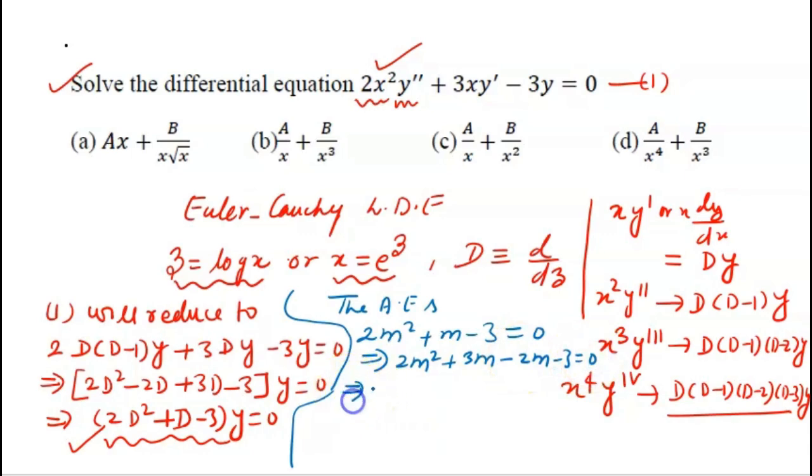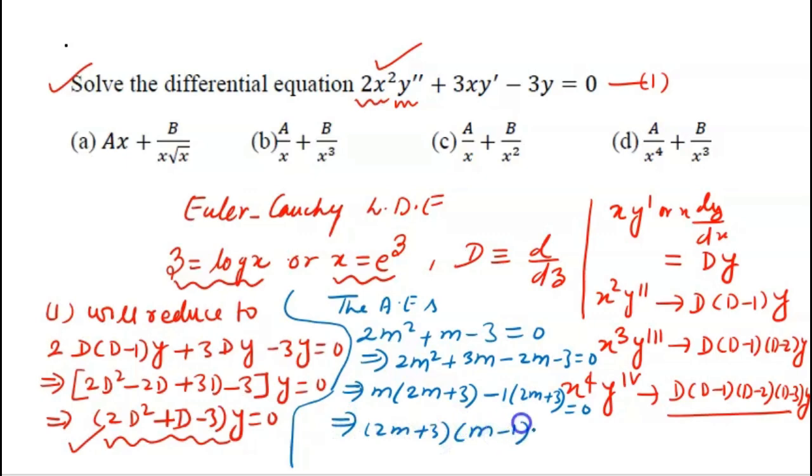Here you can take m common, you get 2m plus 3, and here you take minus 1 common, you get 2m plus 3. So you get 2m plus 3 and m minus 1 is equal to 0. So the roots you are getting are minus 3 by 2 and 1.